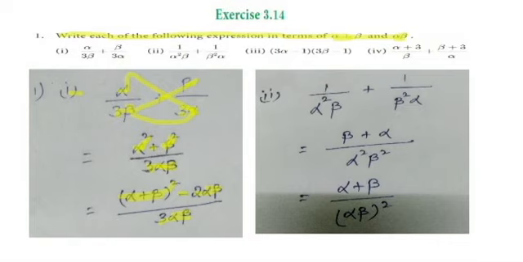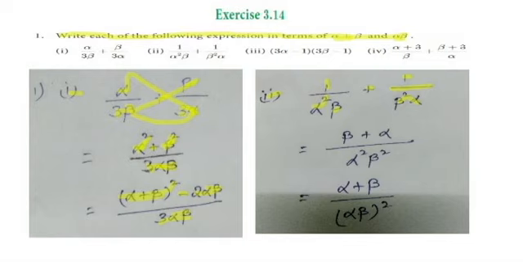So we will move to second sum. The question is 1 divided by alpha square beta plus 1 divided by beta square alpha. You should make the denominator same, so nothing but cross multiplication. So alpha square beta and beta square alpha.